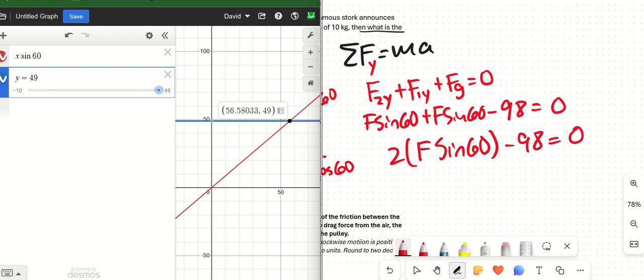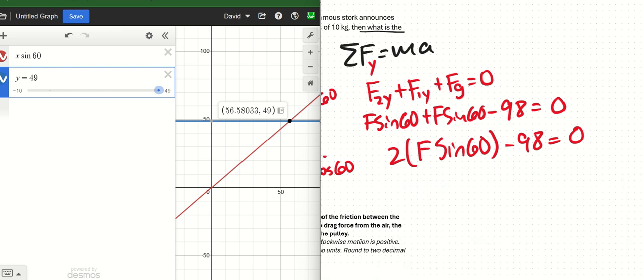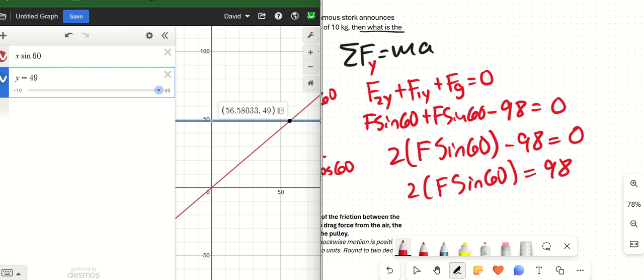I'm going to add 98 to both sides. 2 F sine 60 is equal to 98. I'm going to divide both sides by 2, and that gives me 49. So F sine 60 is equal to 49.